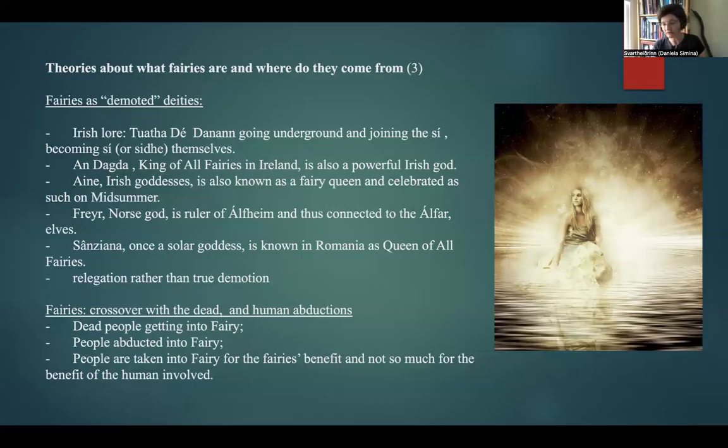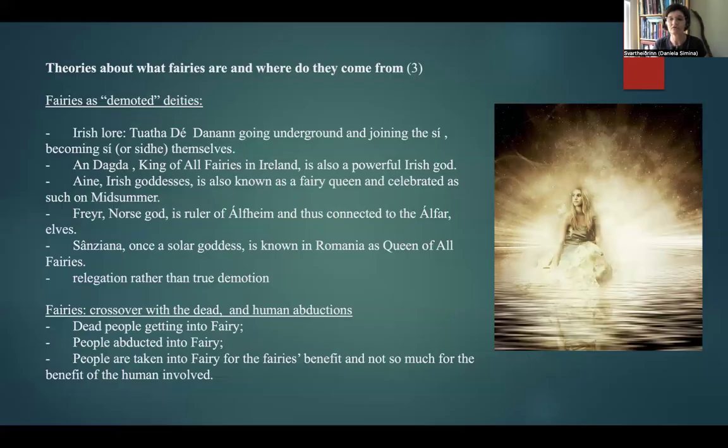Not all of the Irish deities are specifically linked as part of the sídhe. Some are. Irish mythology is a very complicated subject, and I will defer to specialists to talk about that. I will just stick around this fairy component and the overlapping between deities and fairies.